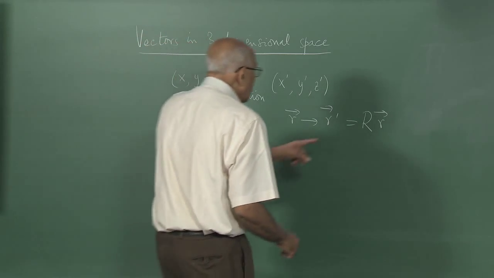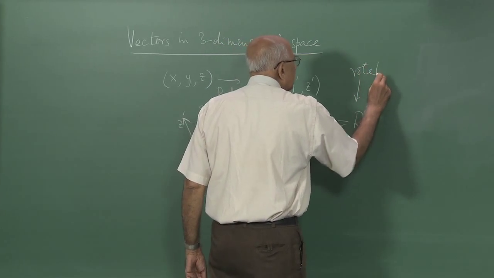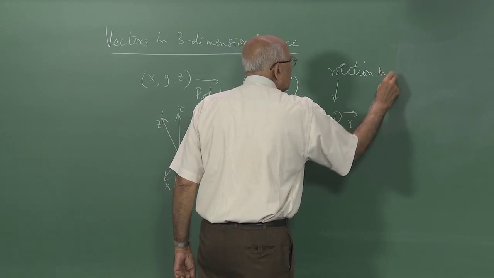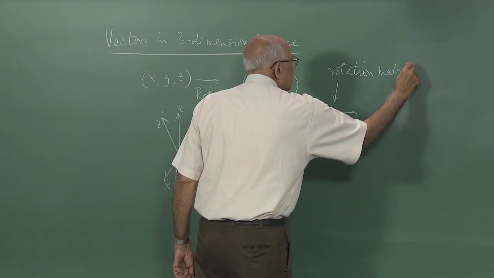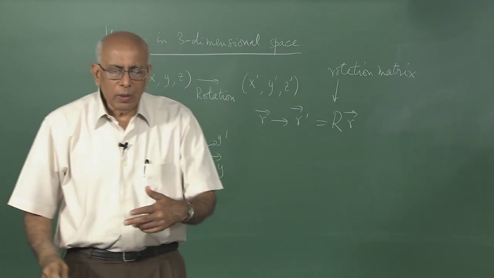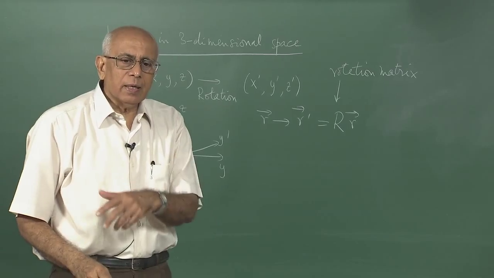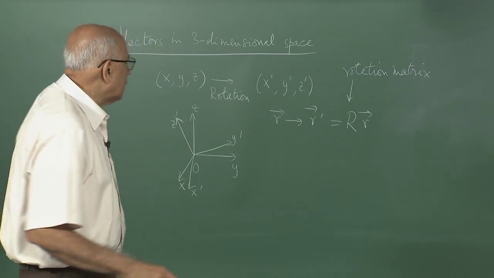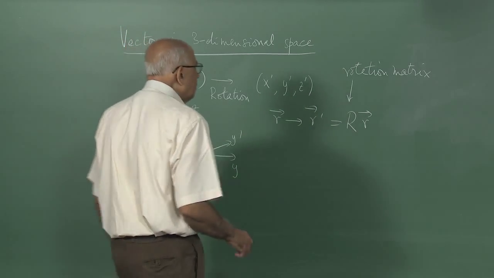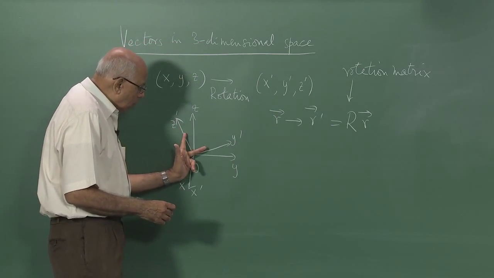Now this rotation matrix is more complicated than the 2-dimensional rotation matrix which we wrote down, where only one angle was involved. There was a theta and the matrix was cos theta, sin theta, minus sin theta, cos theta, and that was it. But now we have a much more complicated situation.